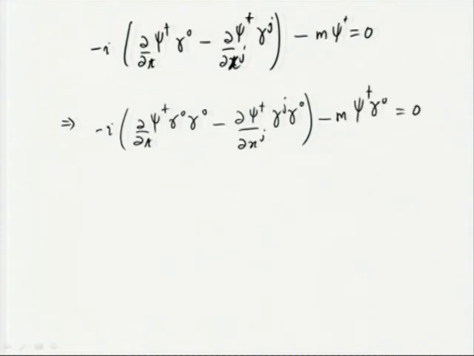So, everywhere I multiply by a gamma 0 from the right side and define psi bar as psi dagger gamma 0.